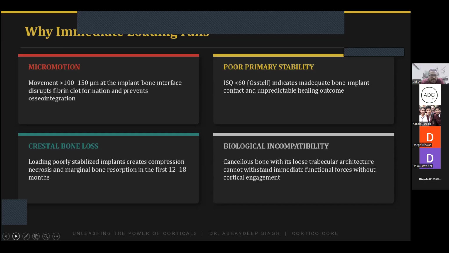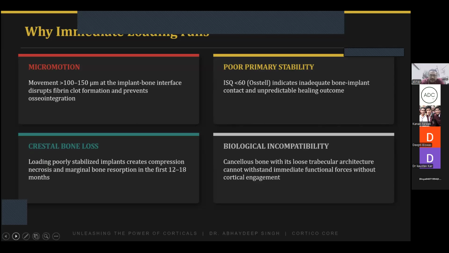The osseointegration process would be hampered if there is any point where the implant is interacting with the bone through a fibrous union. Now, we might achieve primary stability. This is not completely accurate because primary stability can be from two or three bone walls only.